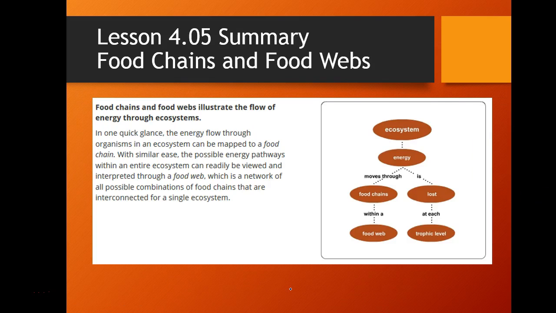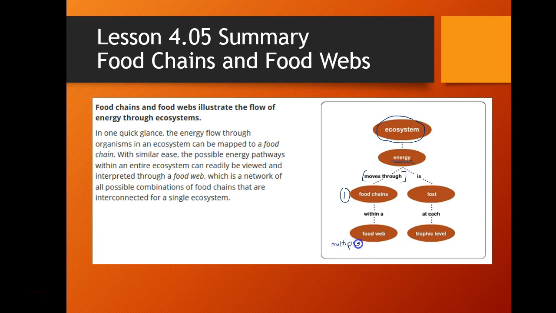So in this lesson, what we went over are the food chains and the food webs, and we looked at how they represent the interactions in an ecosystem. The food chain and food webs are really showing how energy flows or moves through the ecosystem, and we can represent it by food chains, which, remember, have one linear interaction between producers, primary consumers, secondary consumers, and tertiary consumers, or a food web which has multiple interactions.